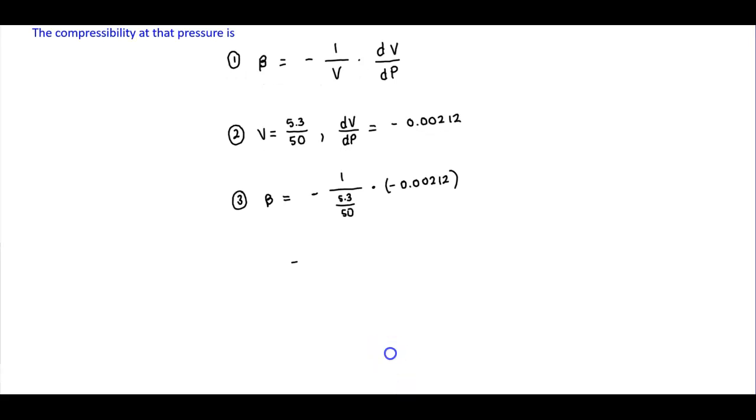Okay, and if we simplify this a little further, that means we're going to have 50 in the numerator times 0.00212, since a negative times a negative is a positive, and divide that by 5.3. So therefore, we get 0.02 cubic meters per kilopascals per cubic meters.